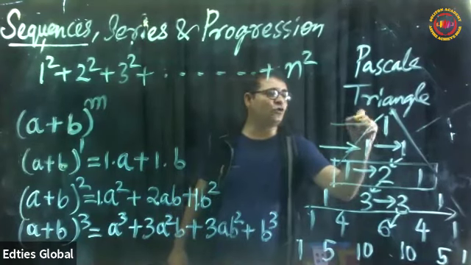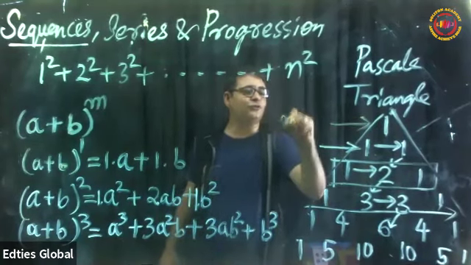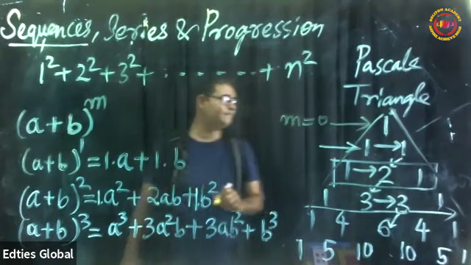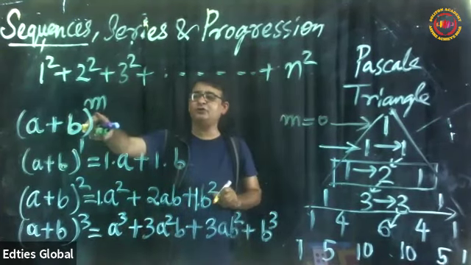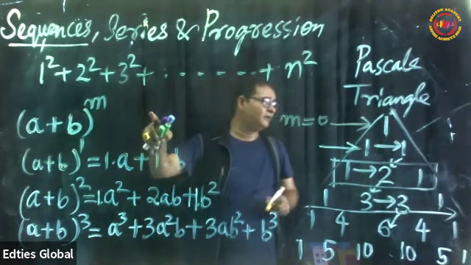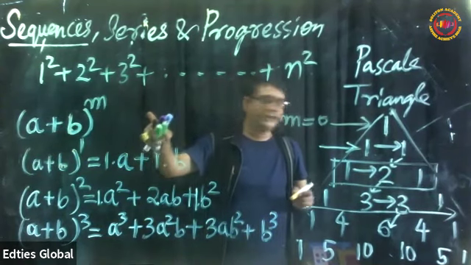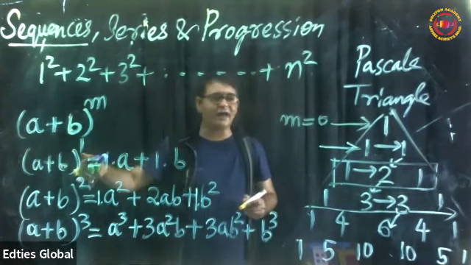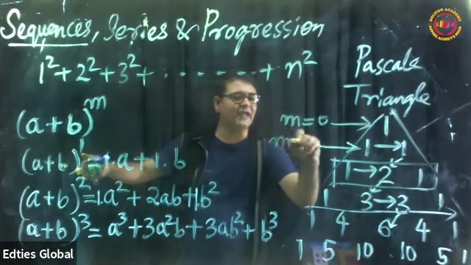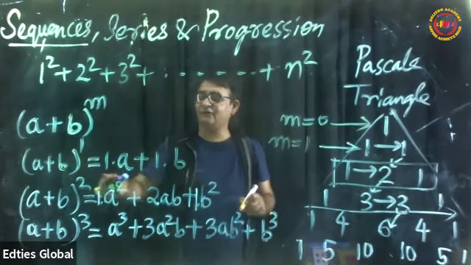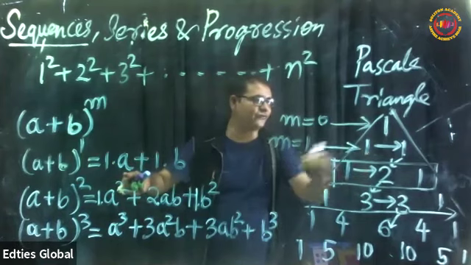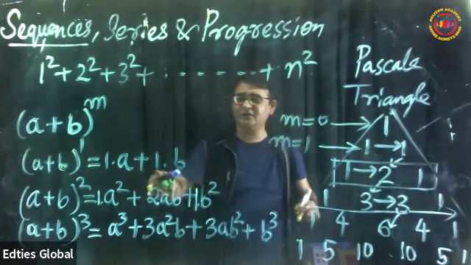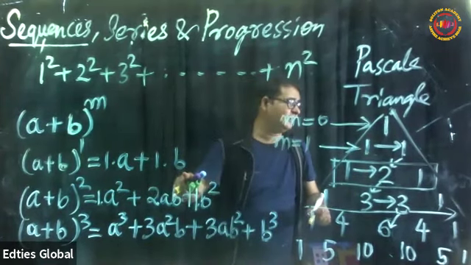The first row is m equal to 0. If you put m equal to 0, you will have only 1, right? Yes, sir. If you put m equal to 1, what will you have? You'll have 1 into a, so you have the coefficient 1, which is here, and 1 into b, right?